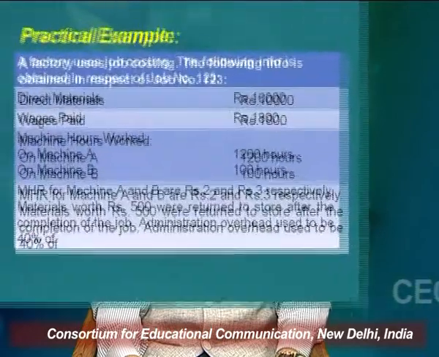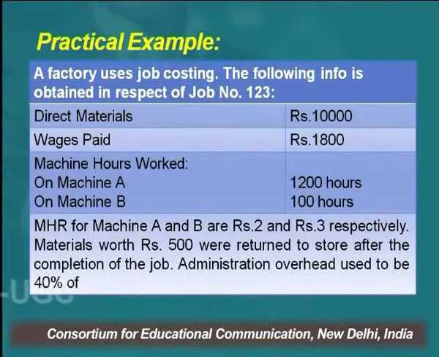Now let's take one more example. We'll take a few examples so that more and more clarity comes to you. A factory uses job costing, and the following information is obtained in respect of job 1, 2, 3. Again, I have taken the same job number 1, 2, 3, right. You may use any job number, but here we have taken 1, 2, 3.